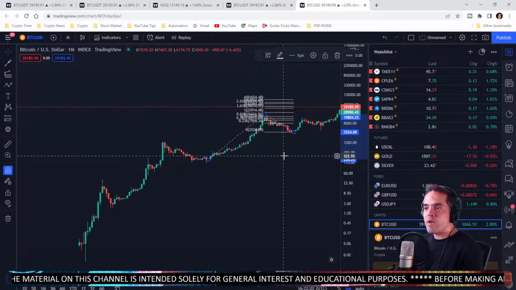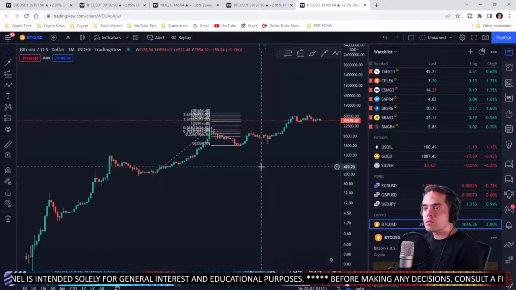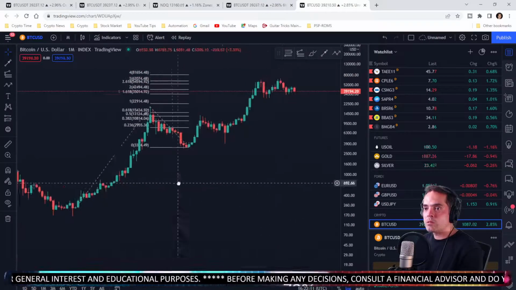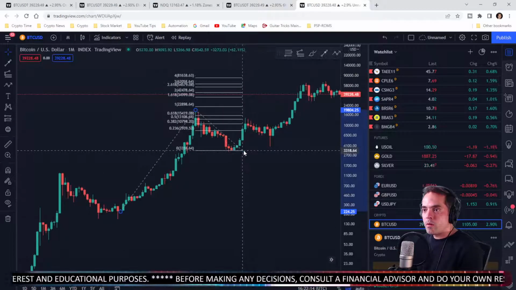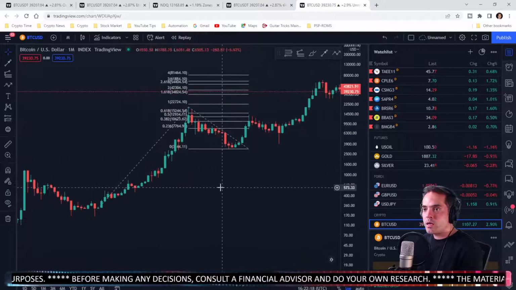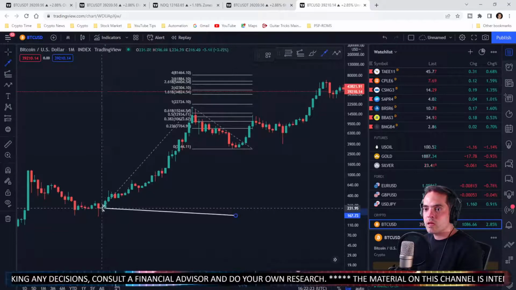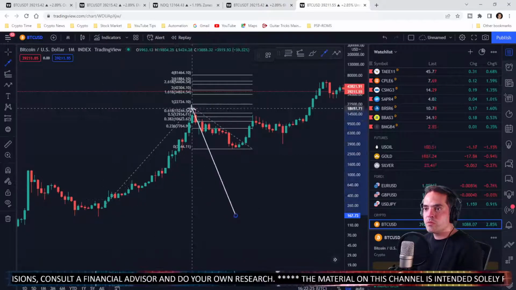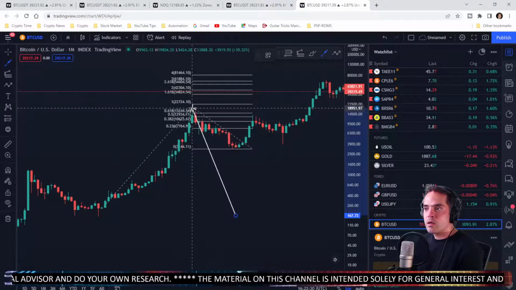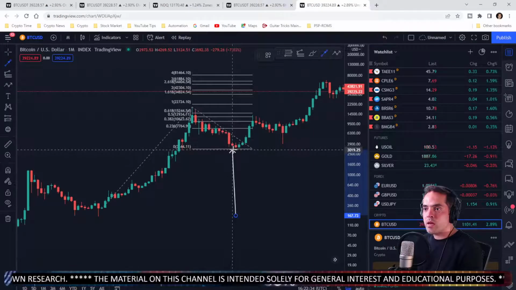This is on a very large scale, guys, because we are talking about months and months. So again, I'm looking at the beginning of the movement right here, the end of the cycle right here, and then the dip of the pullback right here.